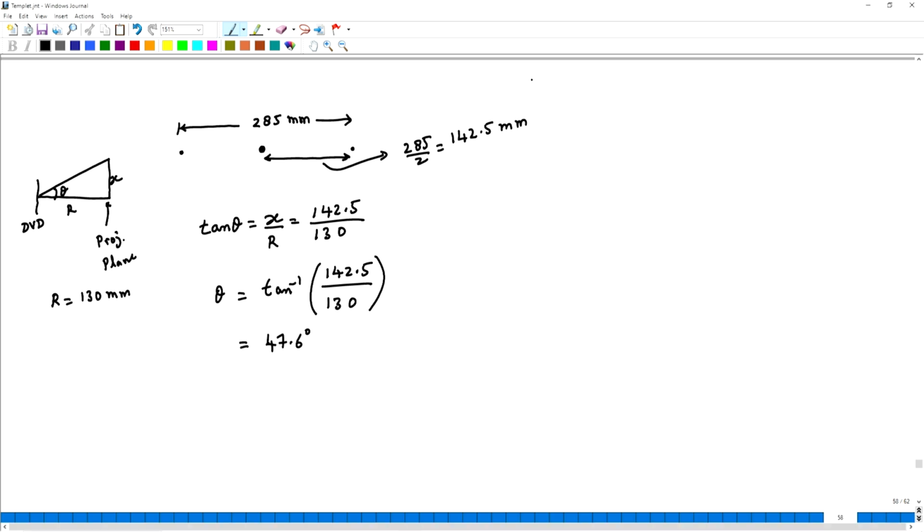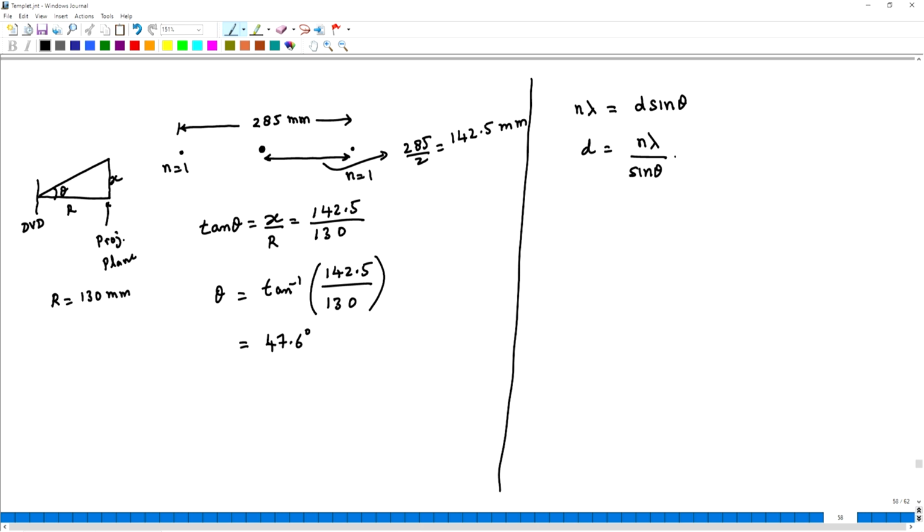Now, my diffraction condition is n lambda equals d sin theta, or d equals n lambda divided by sin theta, and the spot that I am getting is for n equal to 1. So, the track spacing becomes lambda upon sin theta.